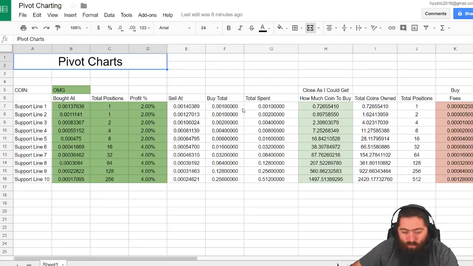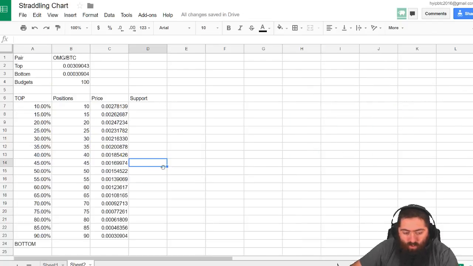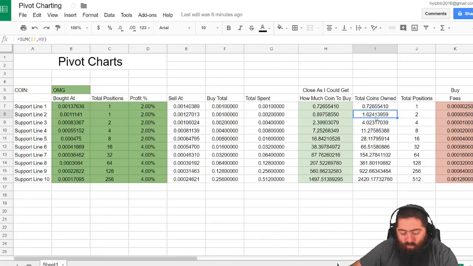And I'm only going to sell off this many coins, because I will have 160 coins ish because of my straddle, but I'm only going to sell off 1.62 coins out of my pivot trading. Does that help, Satori?